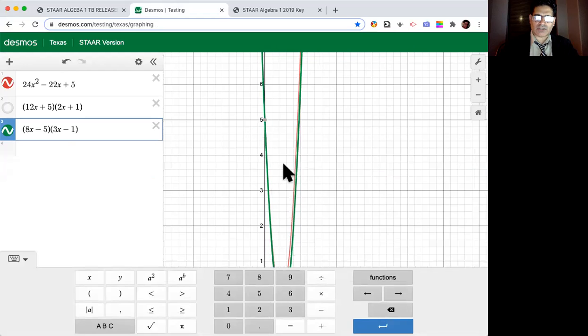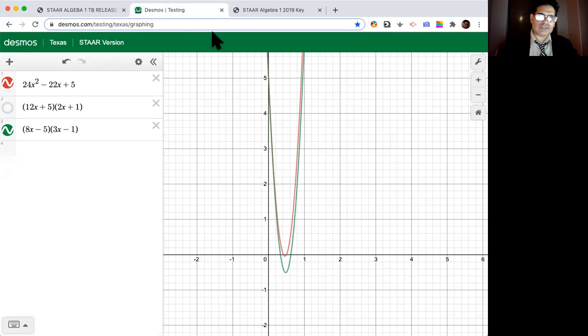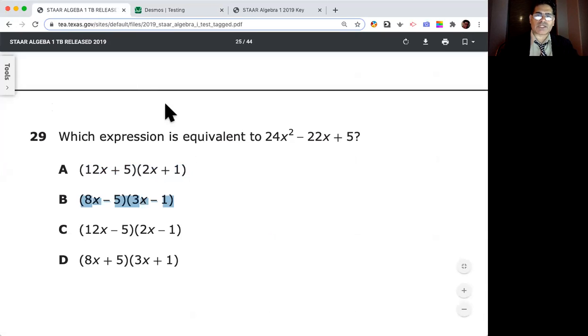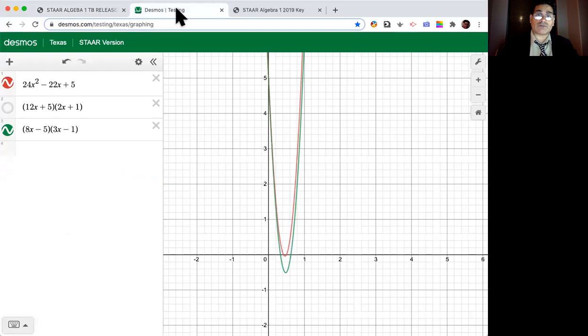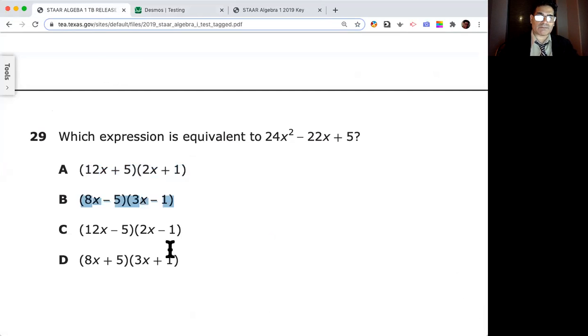Close, but no cigar, as they say. Which is equivalent, so it's got to be equal, right? It's got to equal that. Turn that off. Let's go on to the next one.